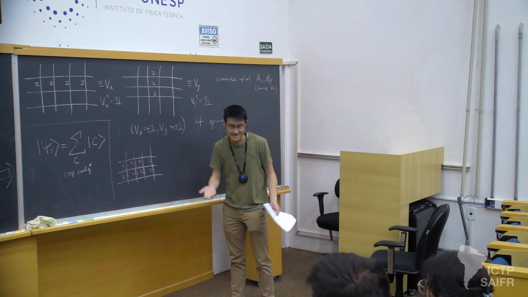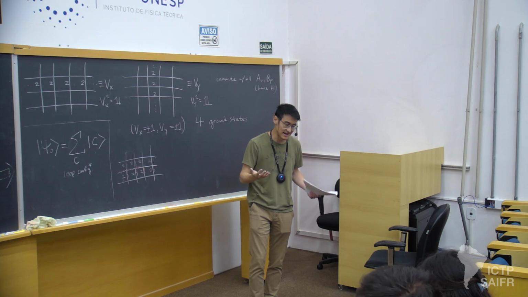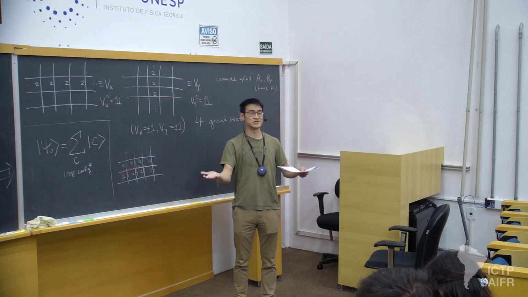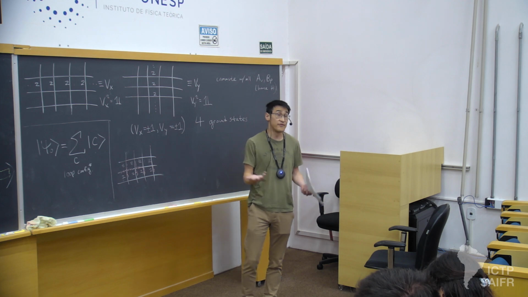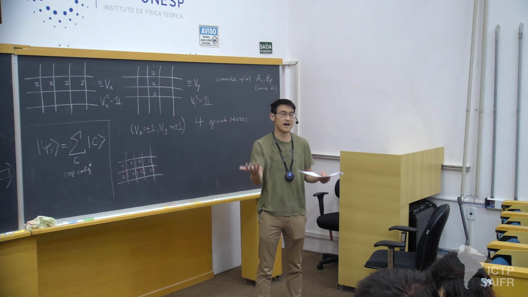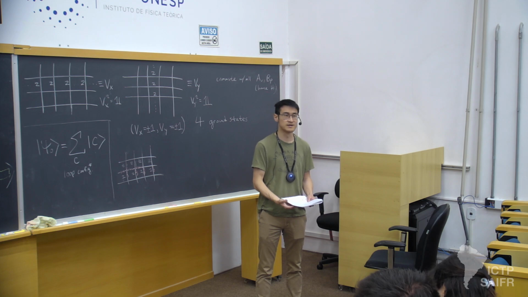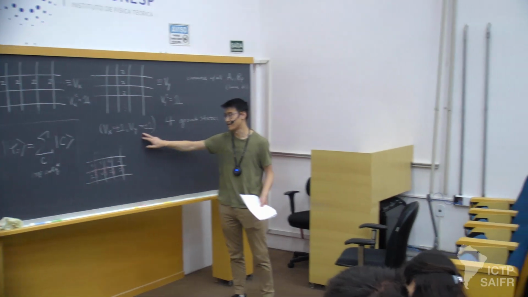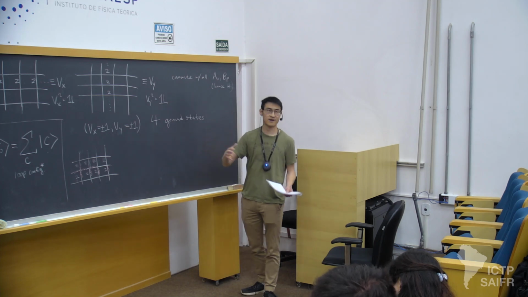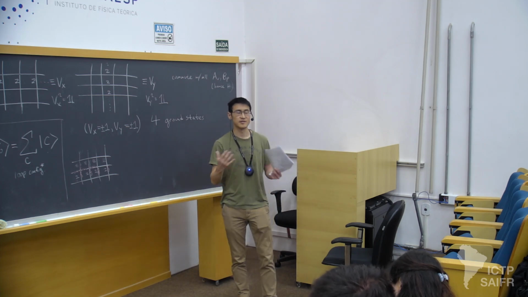But indeed, all 4 of these states have the exact same energy. So I'm free to take any linear combination of these 4 states, and they'll all have the same lowest energy. Right now you can think of it as a basis choice for the ground state. The point here is just that there are 4 distinct ground states.